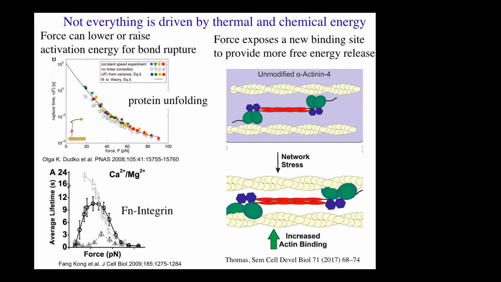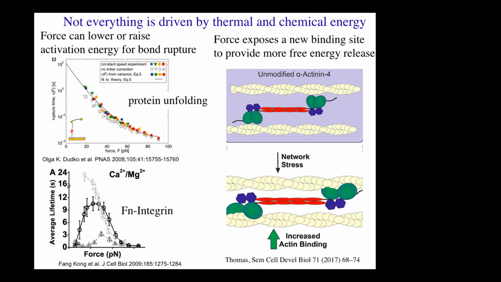There are these recently discovered and really fascinating sets of bonds called catch bonds, which you can sort of understand a little bit in a cartoon form on the right side. So people have looked at this actin cross-linking protein alpha-actinin 4, which has multiple actin binding sites.